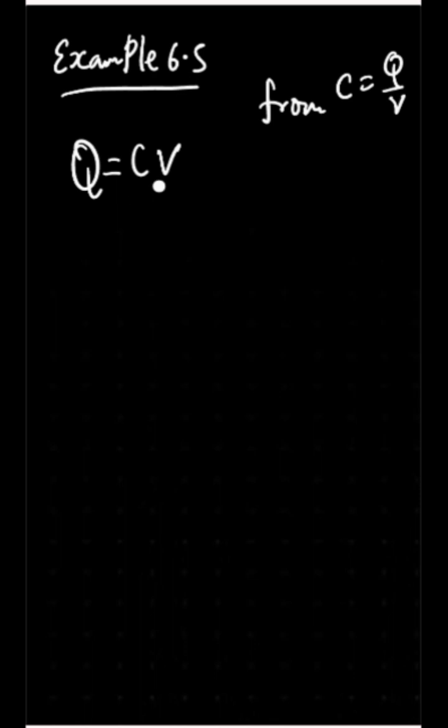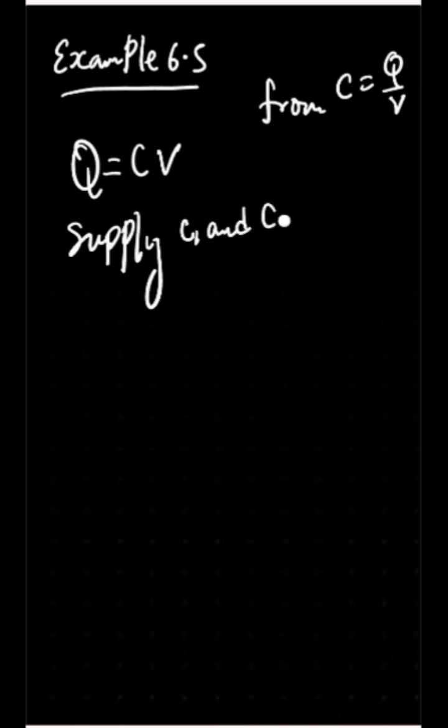So the charge that is entering this capacitor here, that charge now will supply the parallel connection of C1 and C2. The first charge entering this capacitor is C1V.